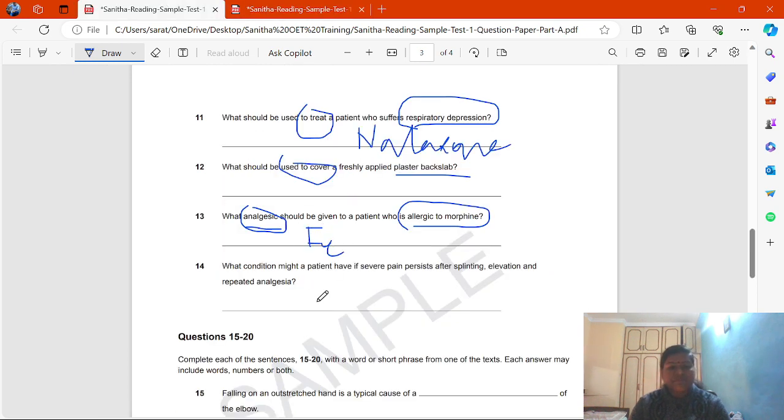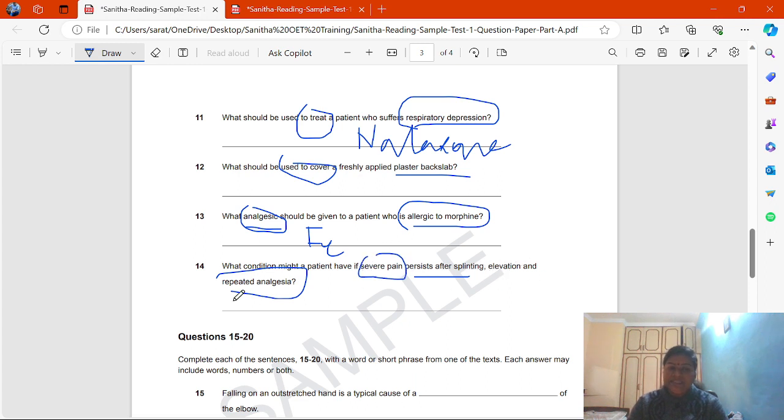What condition might a patient have if severe pain persists after splinting, elevation, and repeated analgesia?